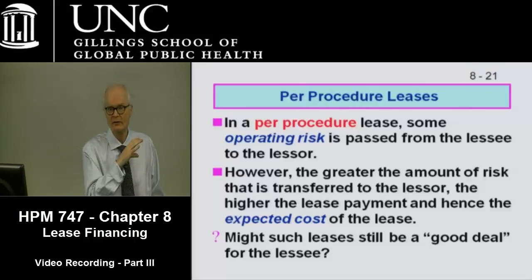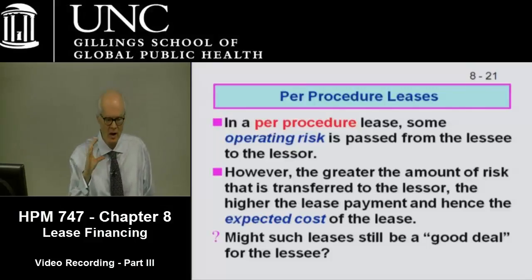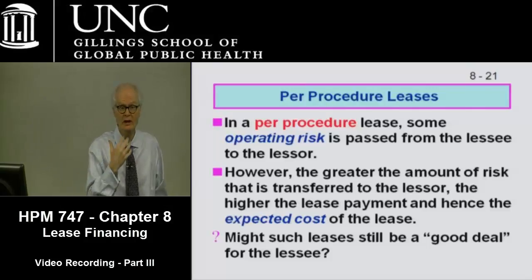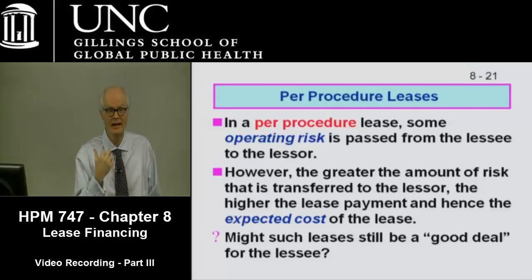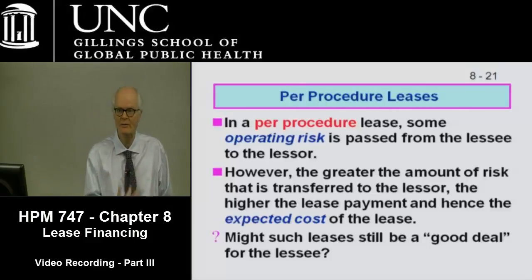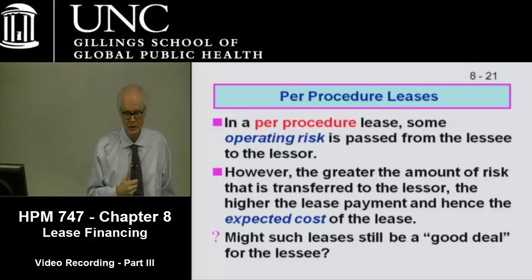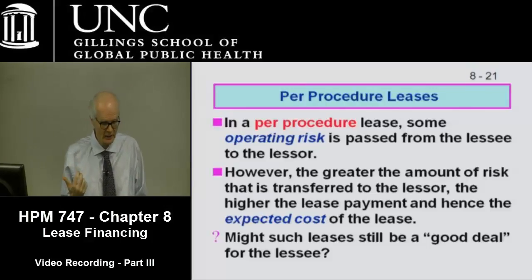So you basically convert a lot of the financing cost of the asset from a fixed cost to a variable cost. That's a great reduction in the amount of risk to the lessee because it relieves you of the pressure of having minimum volumes in order to recover the costs of financing the asset.